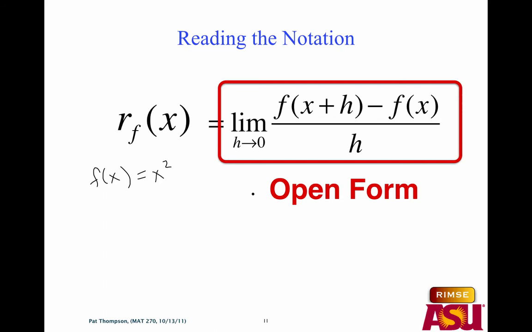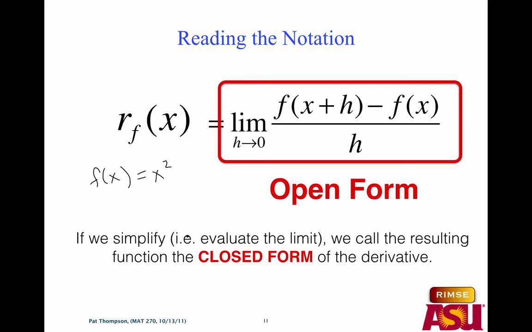So what I'm hoping for is a nicer, compact form of this rate of change of f function. And so what we're going to see is that we can often simplify this open form expression and obtain a closed form for the derivative function.